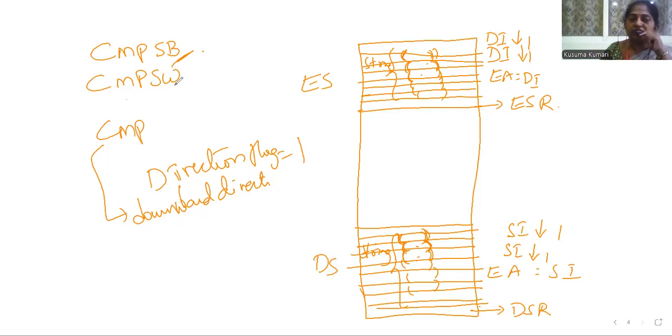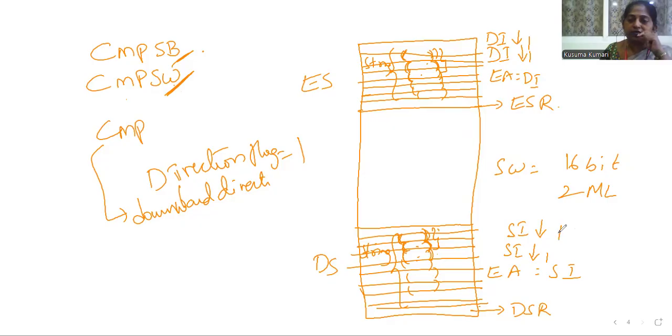Similarly, compare string word. Compare string word means at a time two memory locations are identified, because string word means 16-bit data, and 16-bit means two memory locations are required. So SI shows this one and DI shows this one.